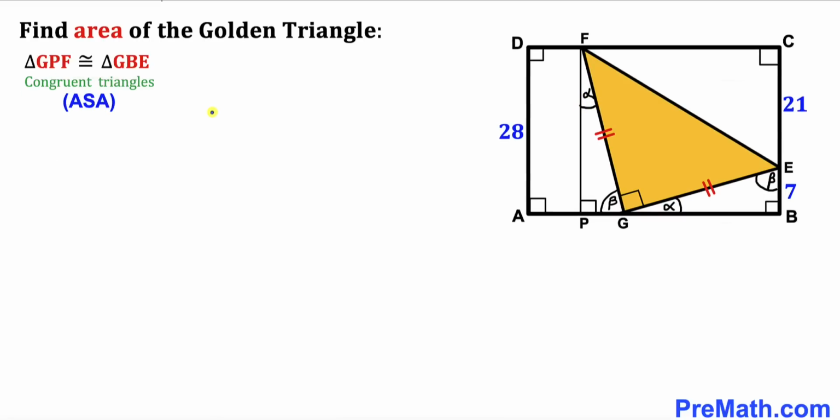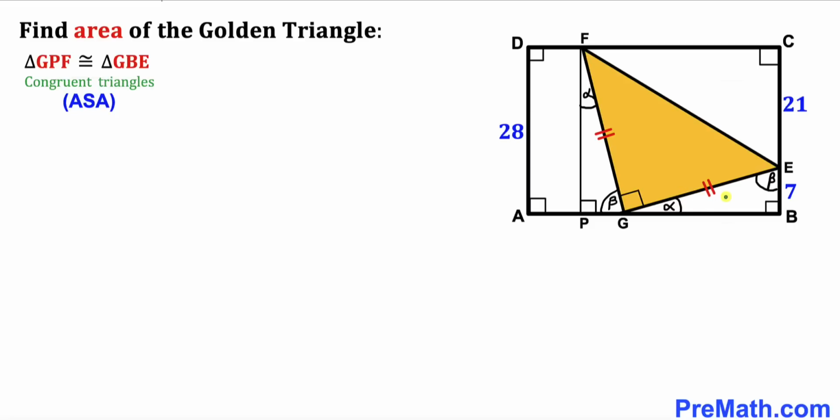So we conclude that this right triangle GPF and this other right triangle GBE are congruent triangles according to the angle-side-angle congruency theorem. Since these two side lengths EG and FG are congruent, and the angles are alpha and beta in this triangle, and likewise alpha and beta over here as well.